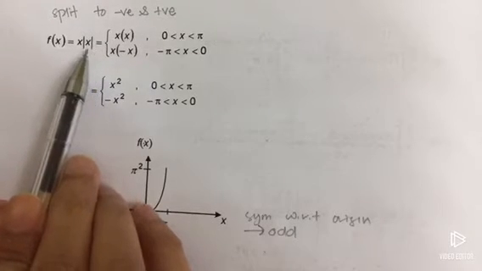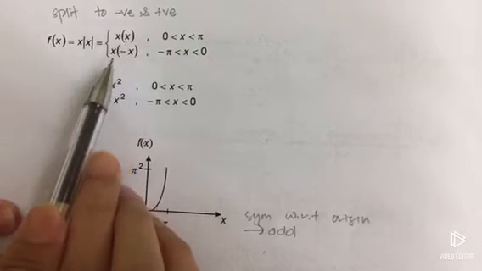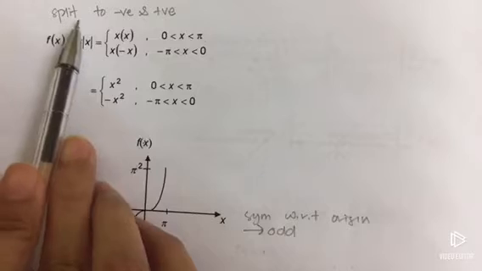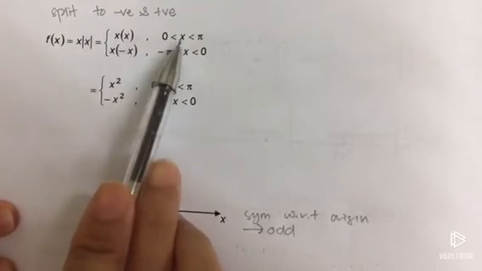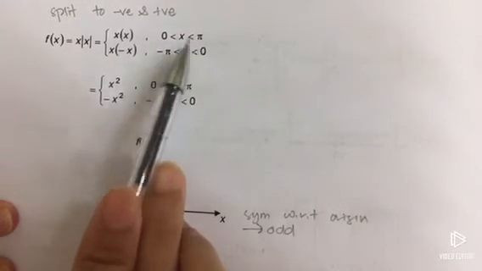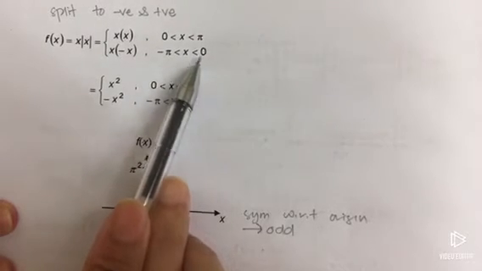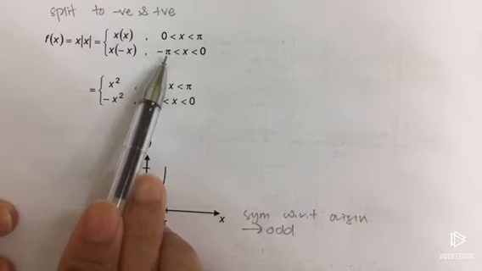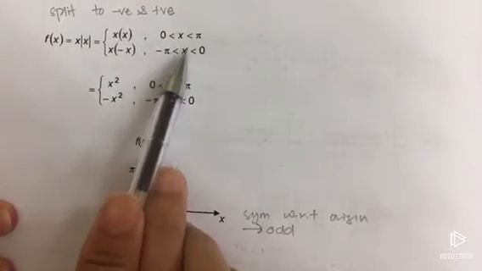So we can split into x times positive x and x times negative x, because absolute x can be split into positive and negative. Positive on the interval 0 to infinity and negative from negative infinity to 0, because the question wants us to find the function on the interval negative infinity to infinity.